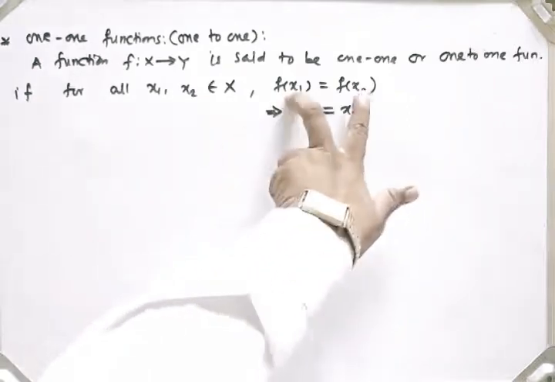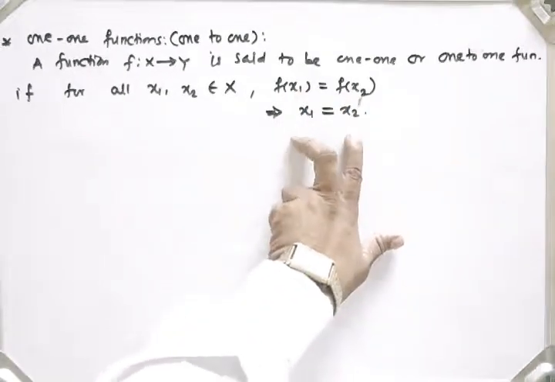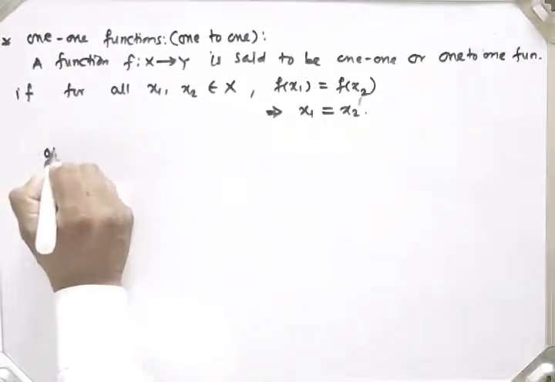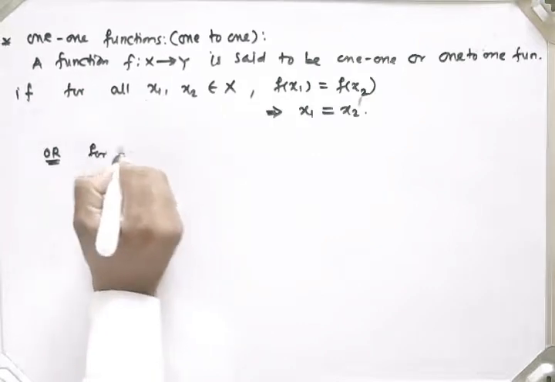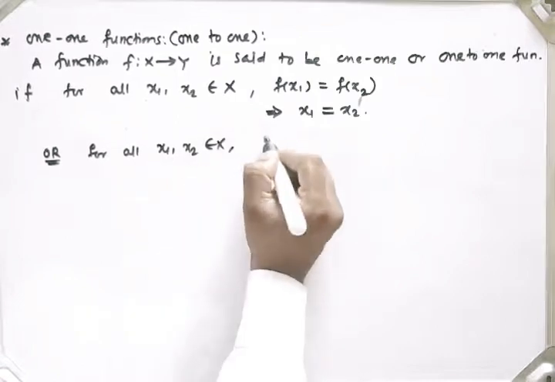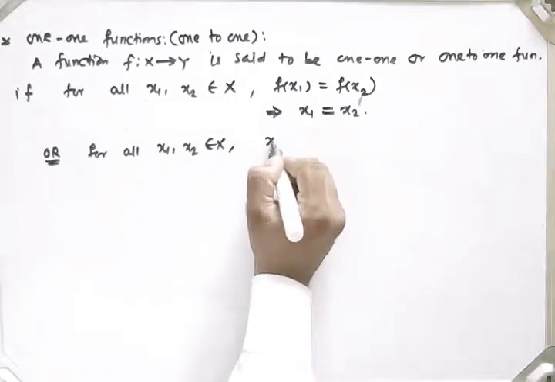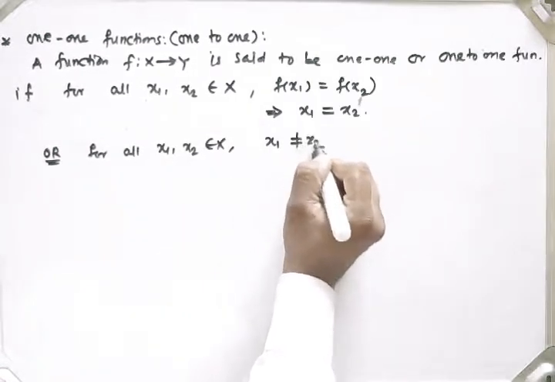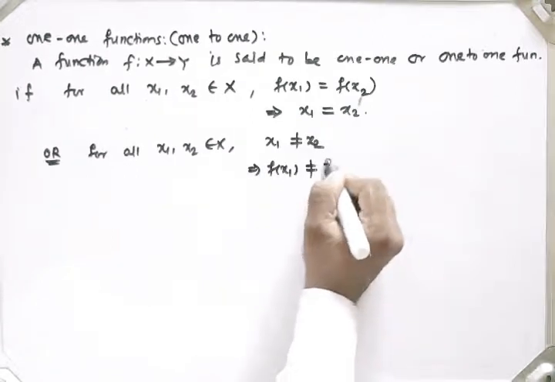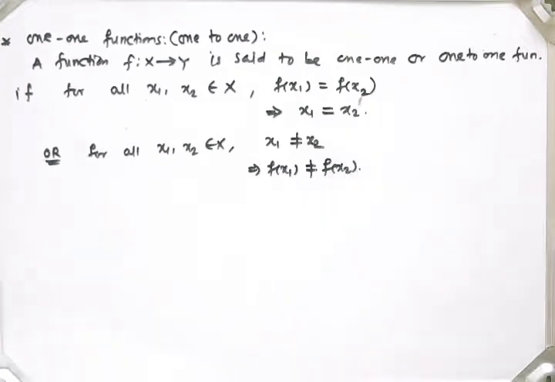Means if the function values are equal, then their elements are always equal. Or we can show it in another way: for all x1, x2 belongs to set x, if x1 is not equal to x2, then f of x1 is not equal to f of x2. If this condition holds, then we say that function f from x to y is a 1-1 function.